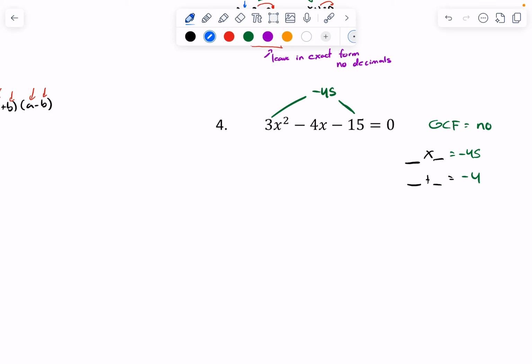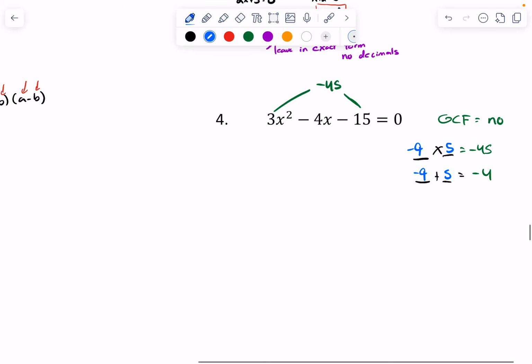And if you do it, you would find that it would be minus 9 and 5, because minus 9 and 5 multiply and add to the correct numbers. So decompose this term. We're going to get 3x squared minus 9x plus 5x minus 15 equaling 0.